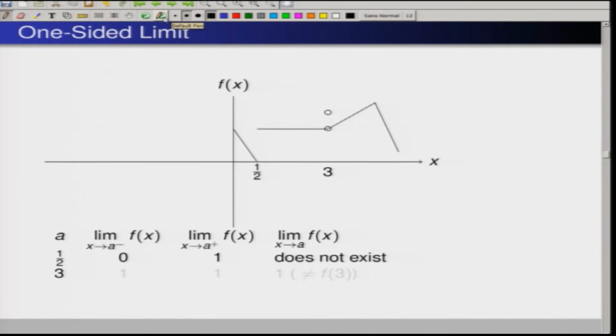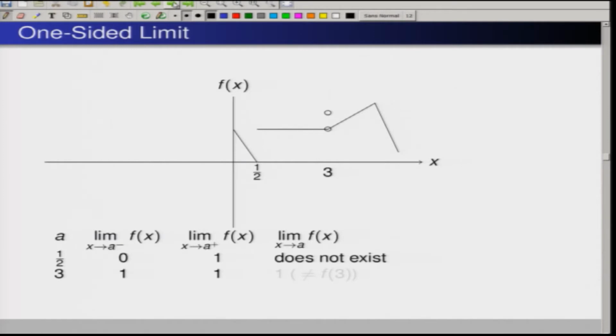Also, if you look at 3, if I am approaching from this side, all the values are taking 1. So, the left hand limit is going to be equal to 1, and if I come from the right hand side, the values are going to be close to 1. So, the right hand limit is also going to be 1.